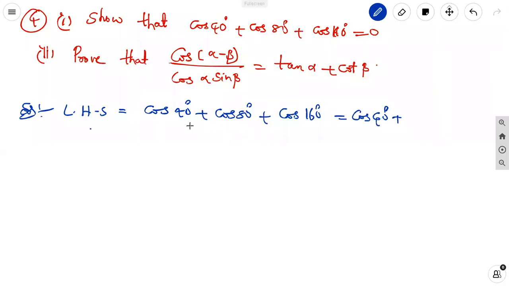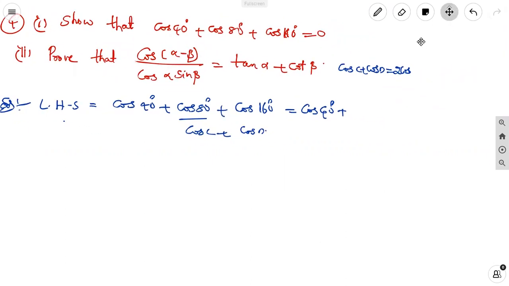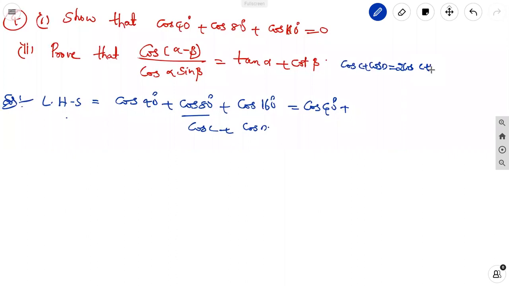Here we can use the cos C plus cos D form. Cos C plus cos D equal to 2 cos of (C plus D) by 2 cos of (C minus D) by 2.